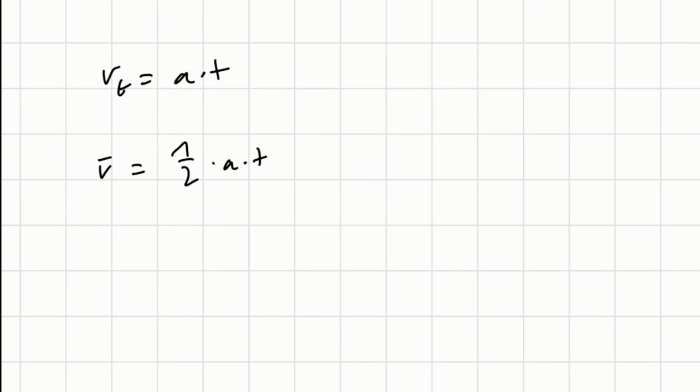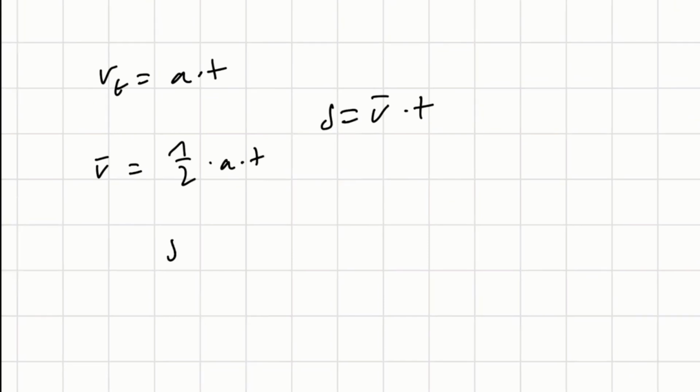So what we're now going to do is take this formula and try to plug it in. What we would get in this case is that our distance is nothing else than 1/2 the end position of our speed times t.